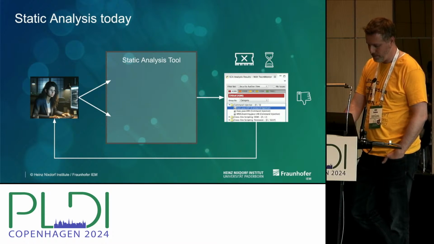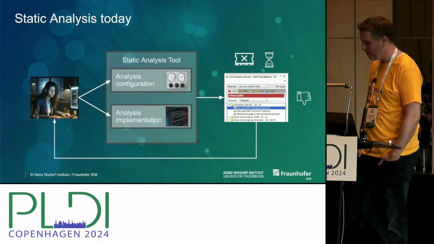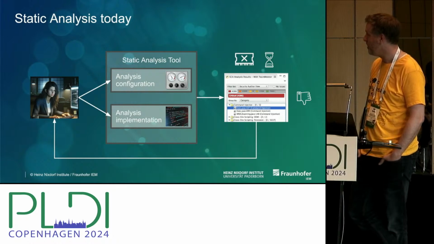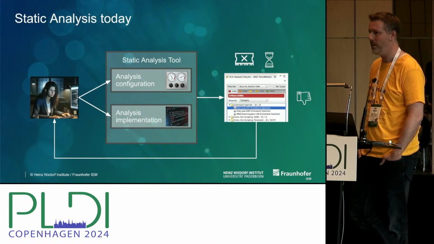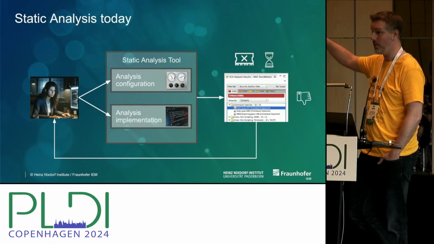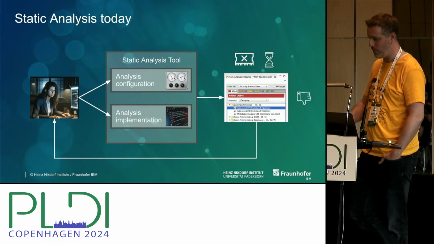Larger companies have clever people too, and they try to tamper with the analysis configuration and sometimes even play around with the analysis implementation to speed it up. But this really takes PhD level experts to do, and it doesn't scale very well.